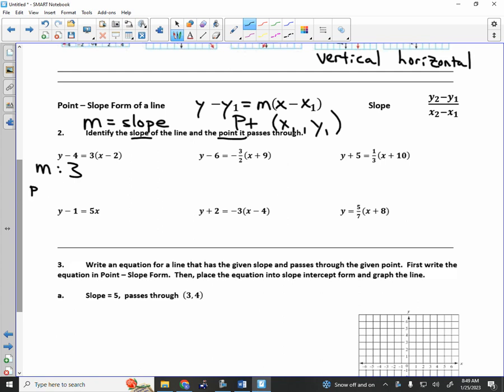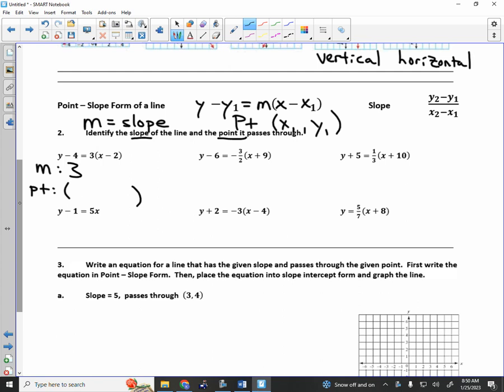But the point that it passes through has an x value and a y value. So the x value is whatever sits in that spot. What value sits in that spot right here? What's that? Exactly. Notice how it's minus x. It's opposite of what you think.